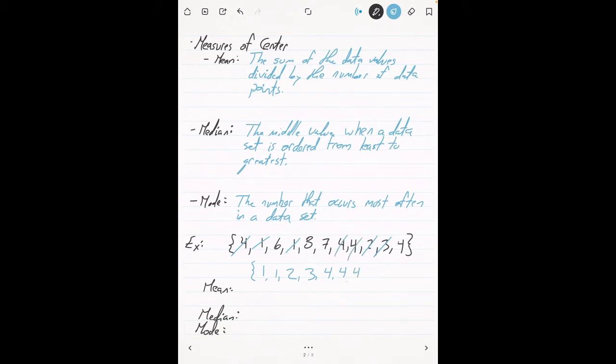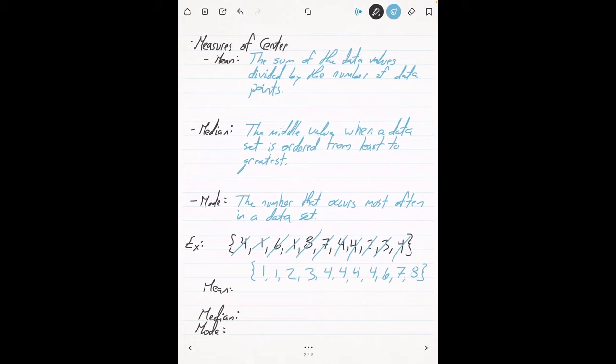There's a third one right there, and then another 4 right there. There are no 5s, but there is a 6, and then a 7, and then an 8. So here is the data set arranged from smallest to greatest value.